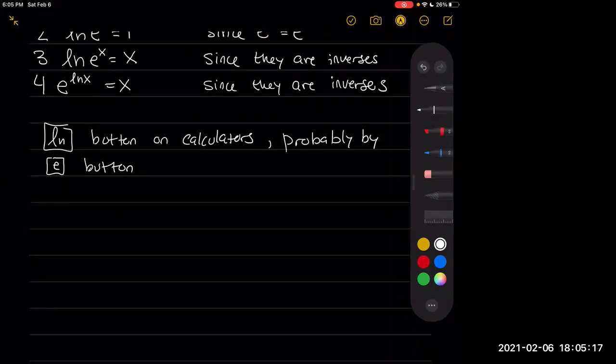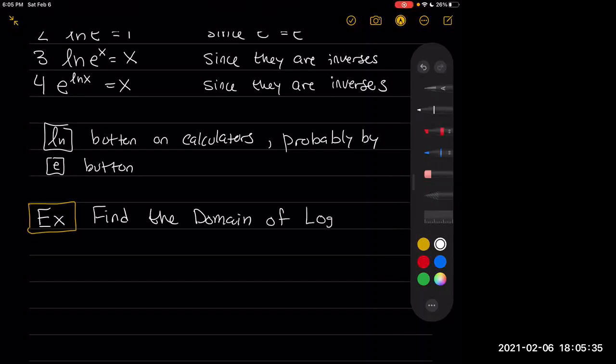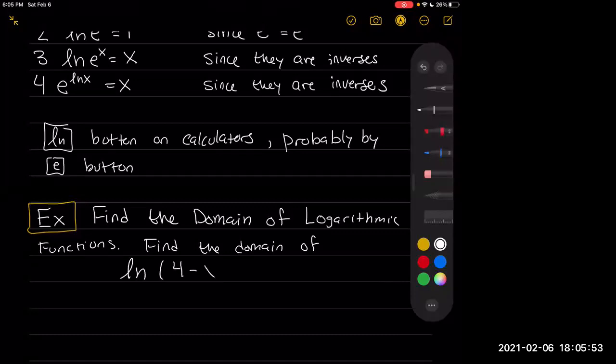All right, so now we're going to look at an example. We're going to find the domain of logarithmic functions. So we're going to find the domain of the natural log of 4 minus x squared.